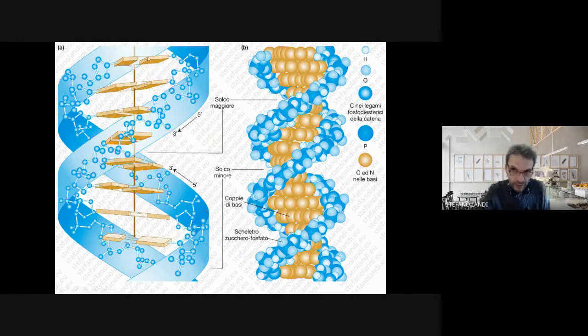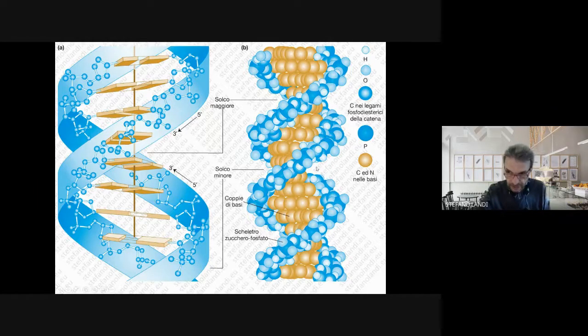So they have a planar structure, and they are oriented with the plane at 90 degrees, so orthogonal to the axis of the double helix. And you can see they turn a bit every time.